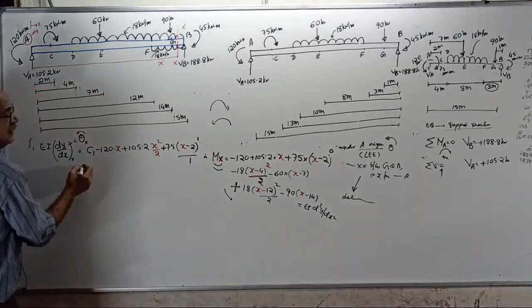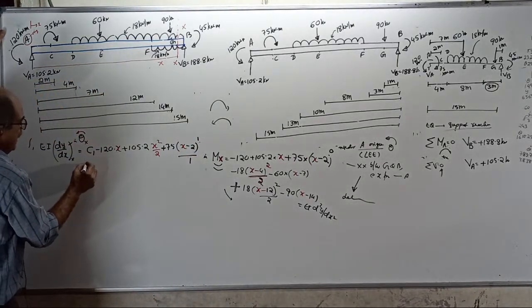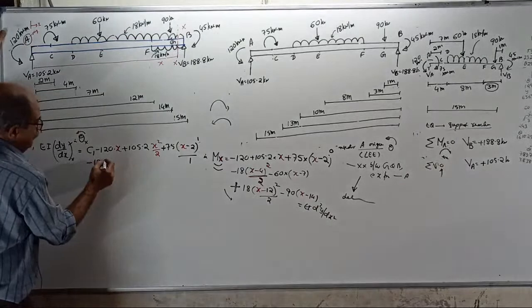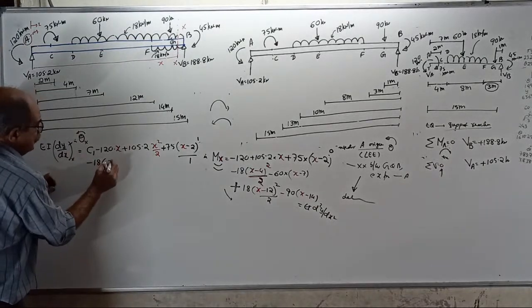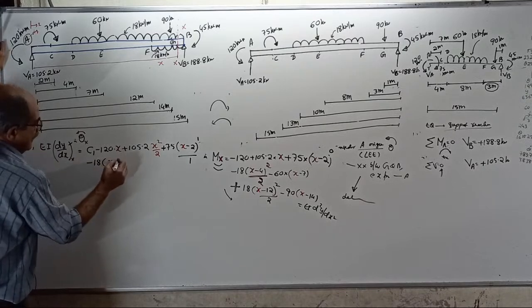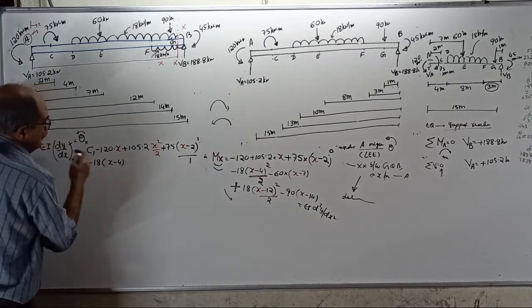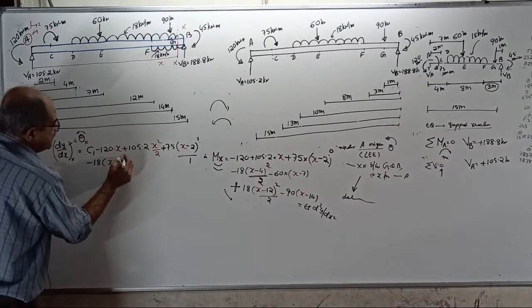And continue. Then minus 18 into x minus 4, x minus 4 square by 2 becomes cube by 6.